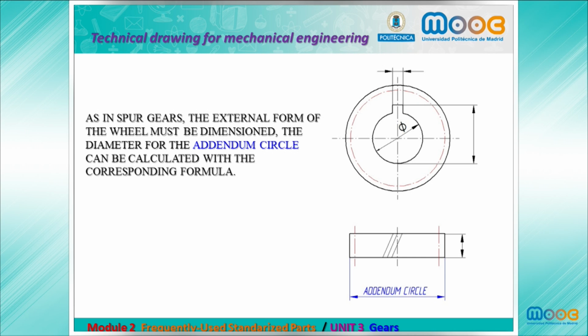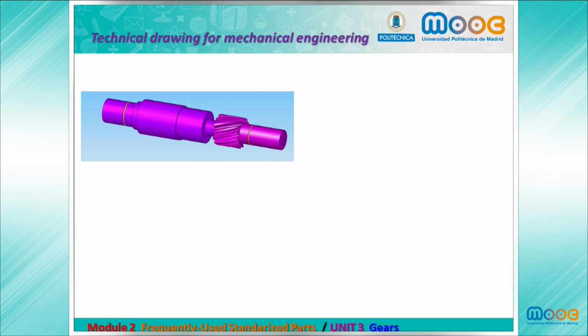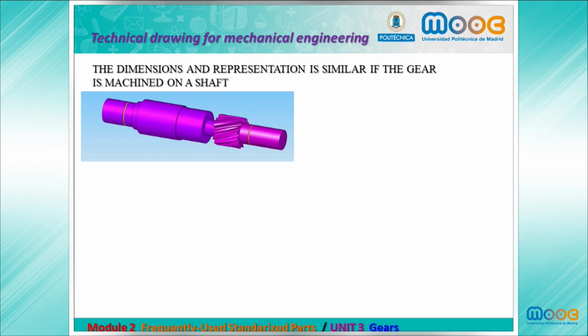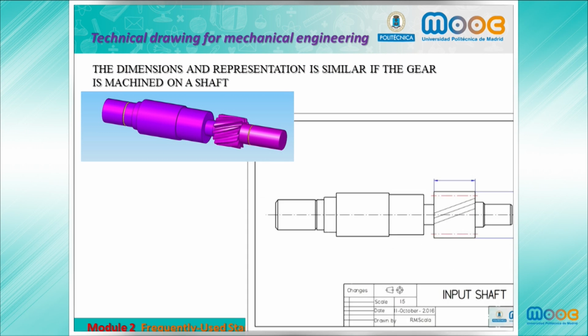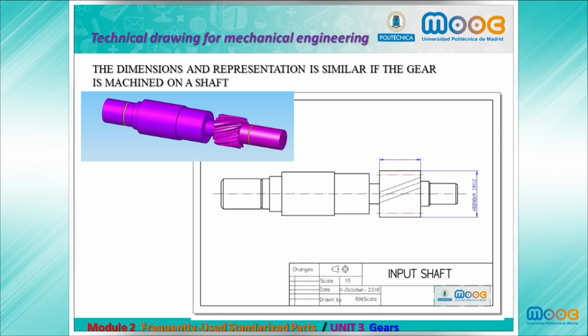As in spur gears, the external form of the wheel must be dimensioned. The diameter of the addendum circle must be calculated with the corresponding formula, which will be available for you in the information in the module. If the gear is machined on a shaft, the needed dimensions are similar to a wheel on its own.